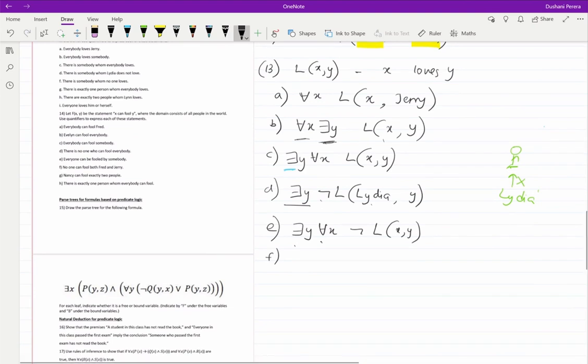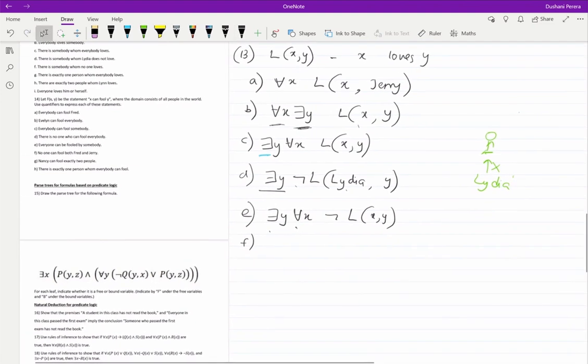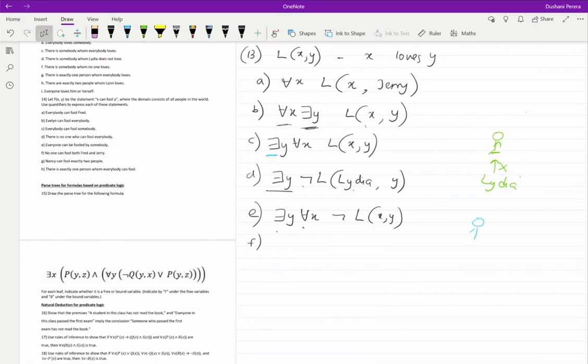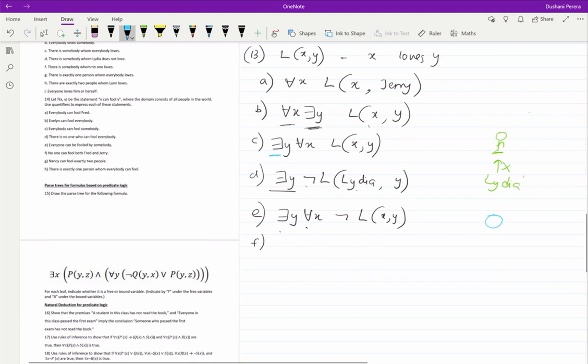So this is again a bit tricky. What happens here is there's exactly one person, this particular person whom everyone else loves. If we represent this in a graphical way, there's some person whom everyone loves.